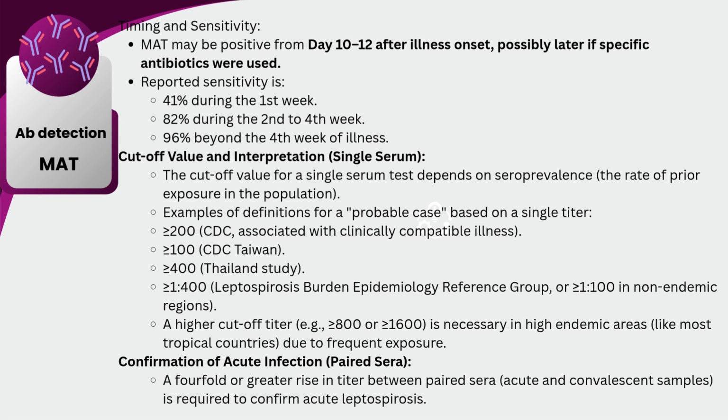In regions with high endemicity, a higher cutoff, like greater than or equal to 800 or 1600, is necessary due to more frequent exposure. So finally, to confirm acute infection, a significant rise, specifically a fourfold increase in titer between paired sera, is required, and this involves comparing samples from the acute and convalescent phases.